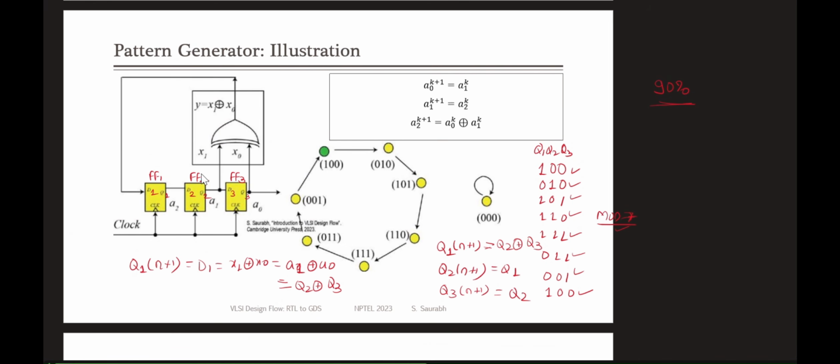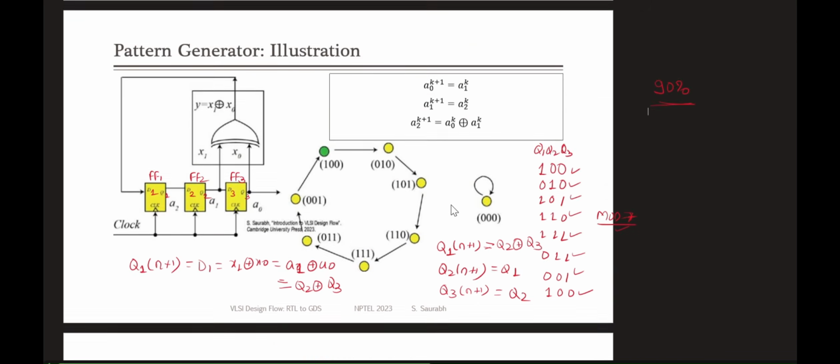So we are going to make this circuit an LFSR, linear feedback shift register, to generate random test inputs or random test vectors. This helps us generate random test vectors, and it reduces our burden to store a large amount of test vectors. In that way, I'm saving cost in memory, and I'm generating my random test vectors.